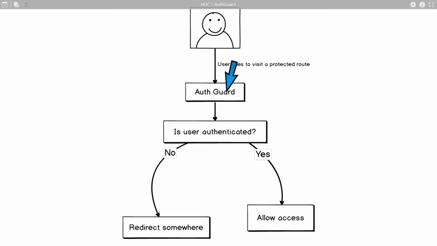We will have this higher order component that will wrap that dashboard route or any other route that you want only authenticated users to see, and that higher order component will ask whether this user is authenticated, and if he or she is authenticated, this higher order component will simply grant access to whatever component it is currently wrapping around. And if the user isn't authenticated, this higher order component won't allow you to visit that component, but will just redirect you somewhere. And of course, it is in our hands to decide where this redirect should end up.